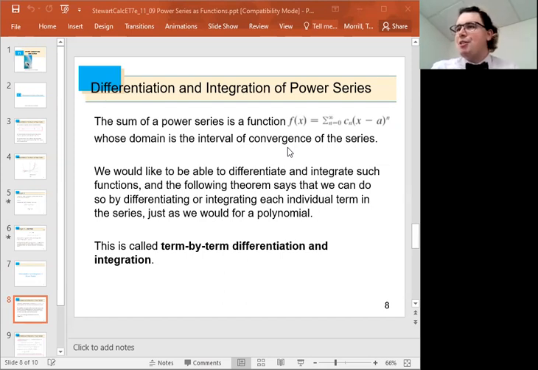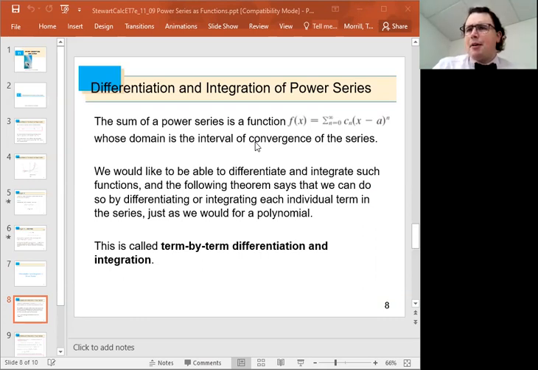So I'll have some coefficients, call them c sub n, and I'm centering this power series perhaps at some coordinate a. And I've got to take x minus a to the power n, multiplying by my coefficient, and adding up all of those things if I can. As long as I'm in the radius of convergence, this will converge to some value, and that will be the output of my function.